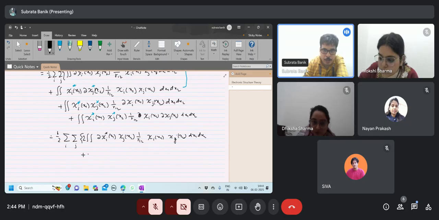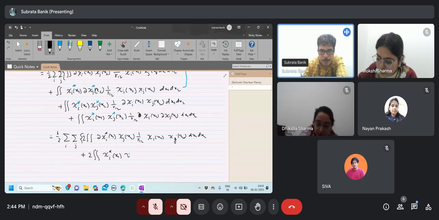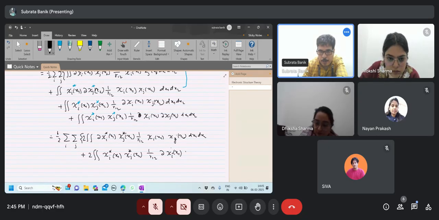Second, third, and fourth are also exactly same, so I can write 2 here, and that will give me chi i star of x1 chi j star of x2 1 upon r12 delta chi i of x1 chi j of x2 dx1 dx2, right?